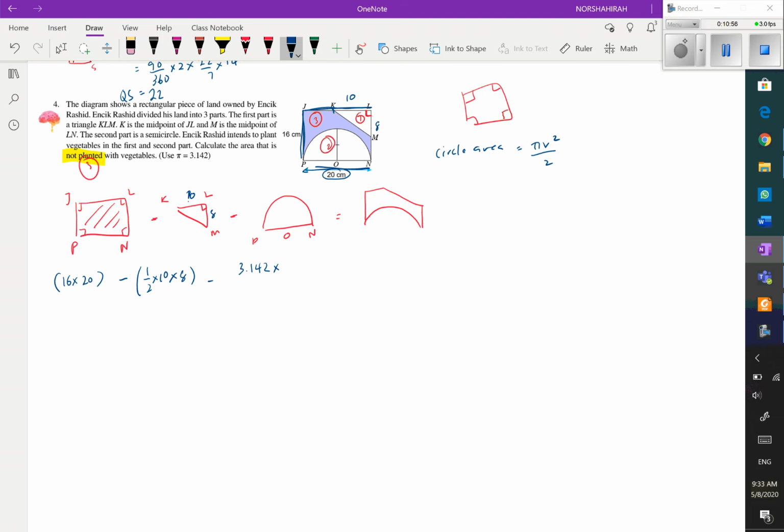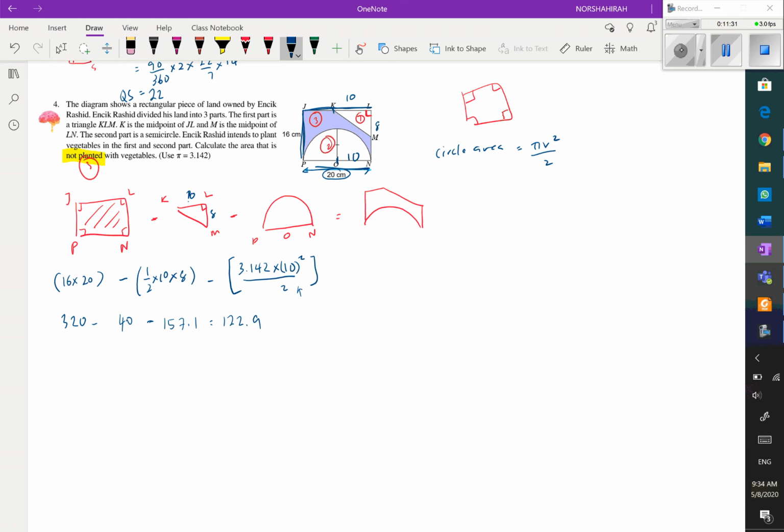Diameter, so your r is 10. 10 square divided by 2. Okay, kira satu-satu. Make sure kira yang square dulu. 10 square darab 3.142 bahagi 2, you akan dapat 157.1. Kita tolaklah semua tu.